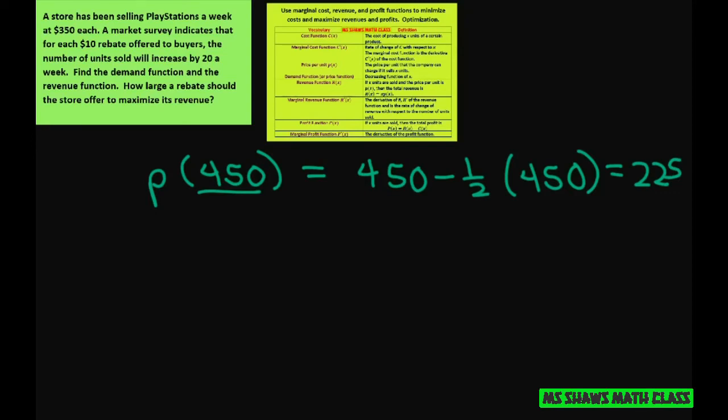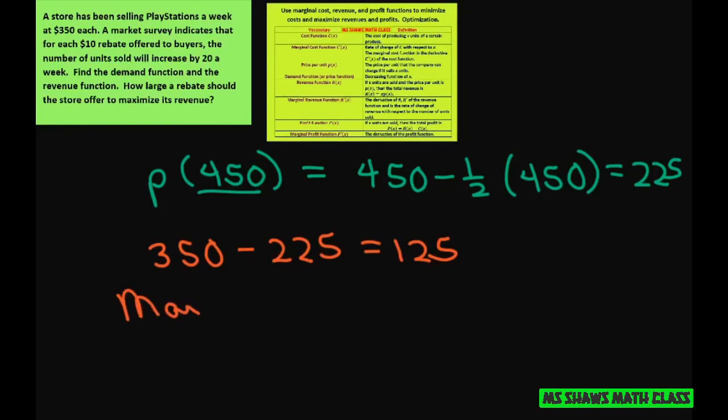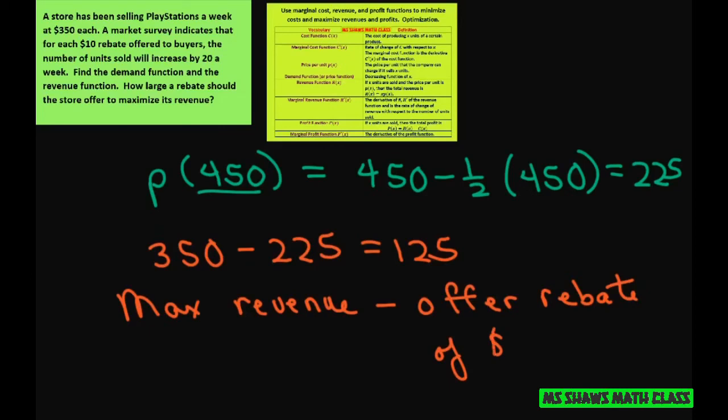Now the rebate is going to be 350 minus 225, and that equals 125. So to maximize revenue, the store should offer a rebate of $125.